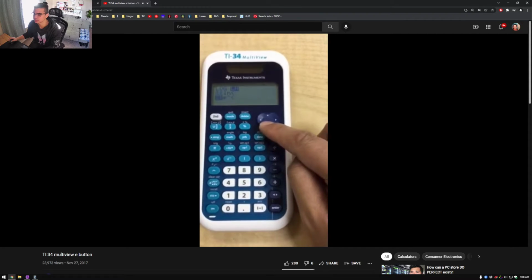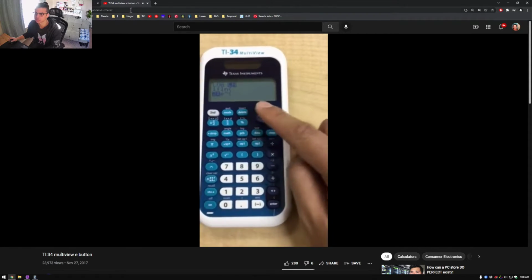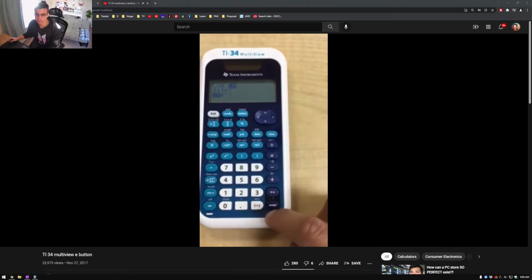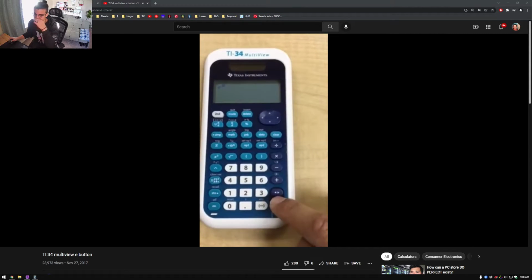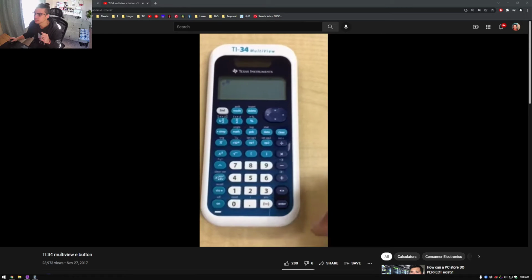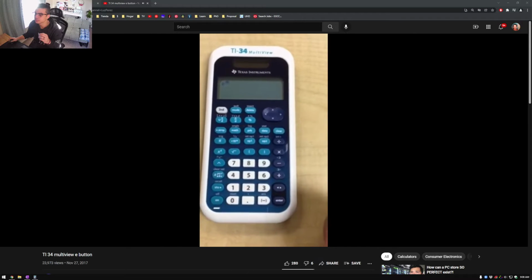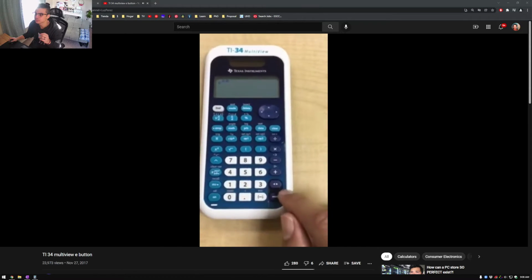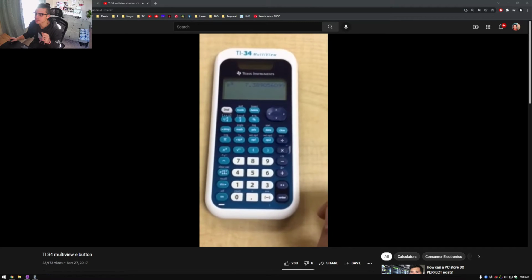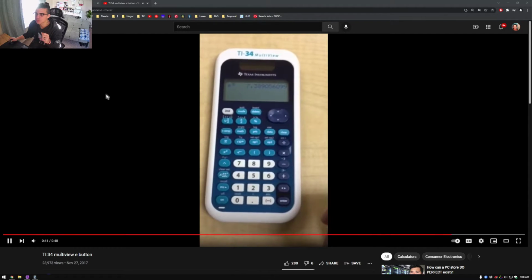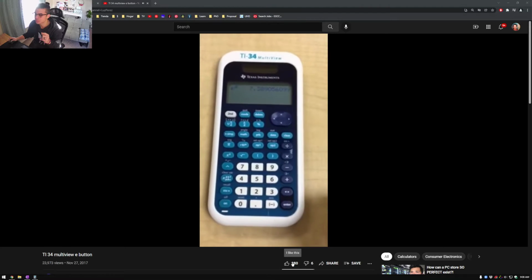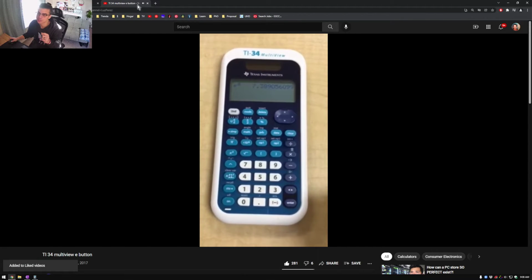And notice E is our second choice, so you scroll down. Choice 2, you can either hit 2 or scroll over and then hit enter. And that's what activates your E button. So now you just put your exponent. So say our exponent is 2, just type in 2 and then enter. And that's how you get to the E button. Alright, so hopefully that was helpful. I didn't see any YouTube videos out there that showed you how to do this, so hope.